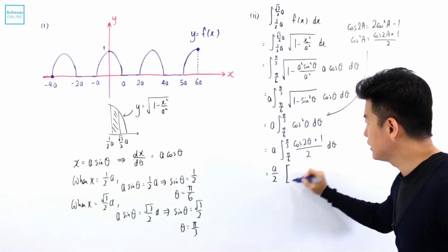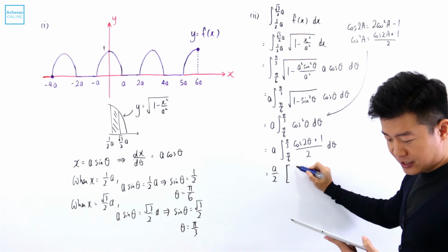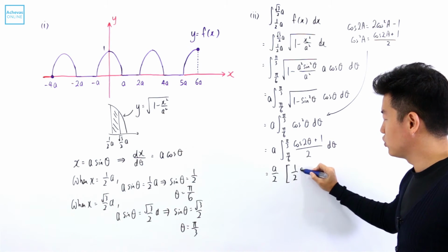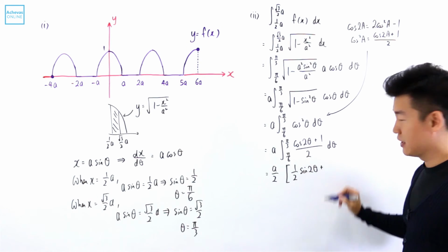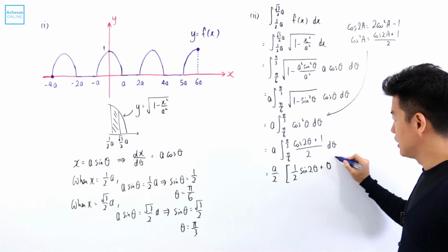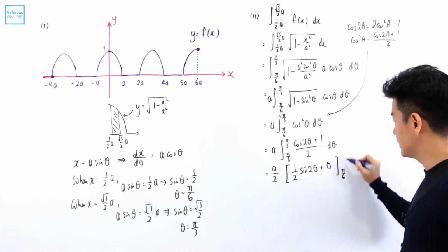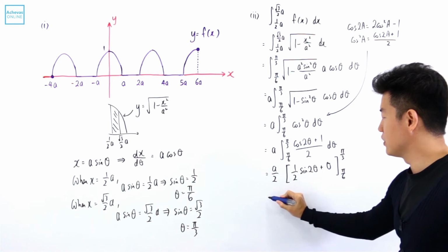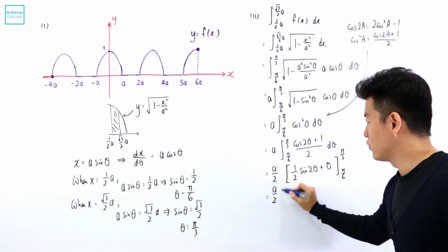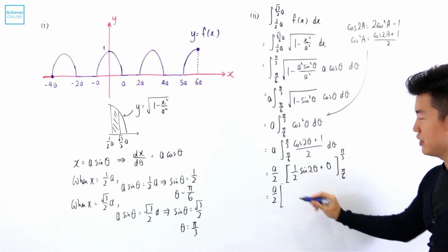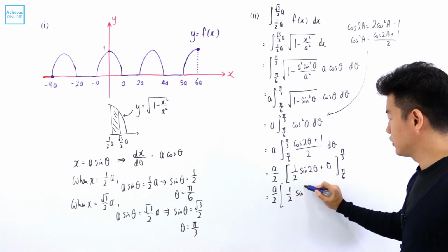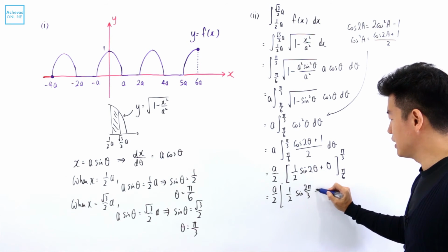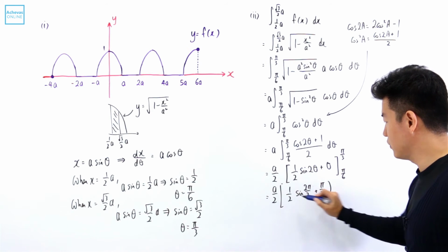Integrating cosine 2 theta gives 1 over 2 sine 2 theta. Integrating 1 gives just theta. So from pi over 6 to pi over 3, this is a over 2 times. Substituting pi over 3 into here, it is half sine of 2 pi over 3 plus pi over 3.